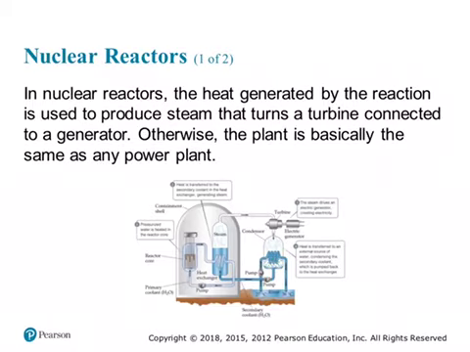So let's take a closer look at this. You have a primary reactor core where pressurized water is heated. This heat is then transferred to a secondary coolant in the heat exchanger. That generates steam. That steam is important.